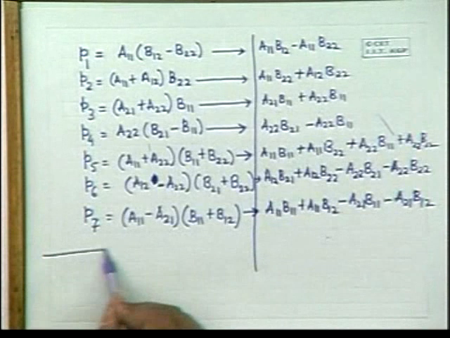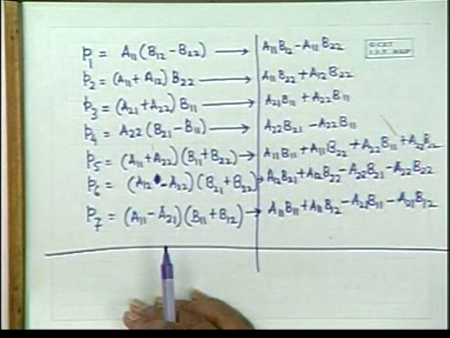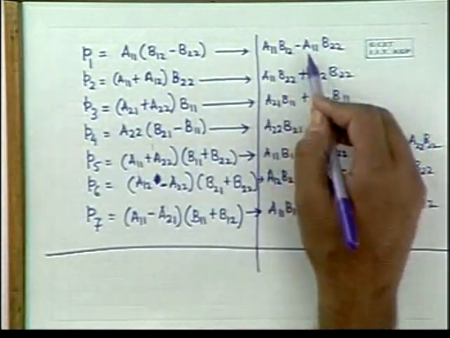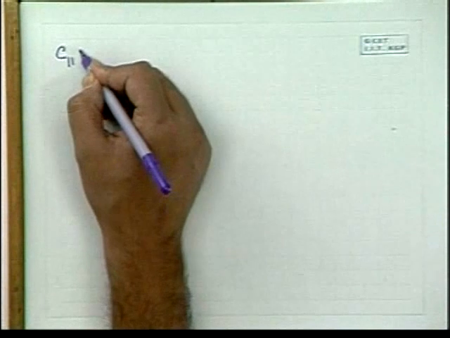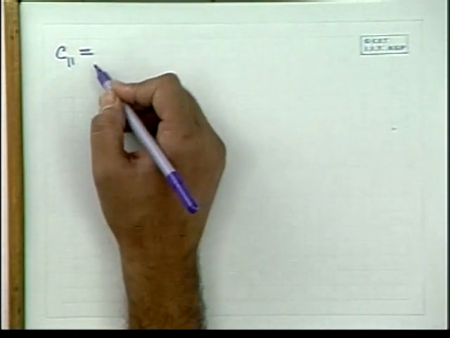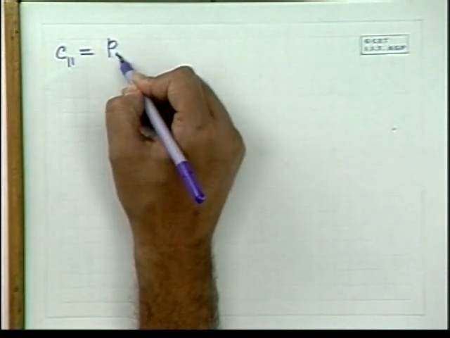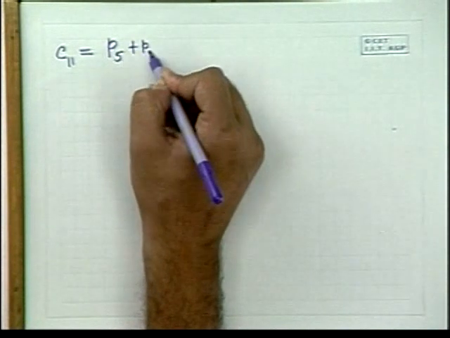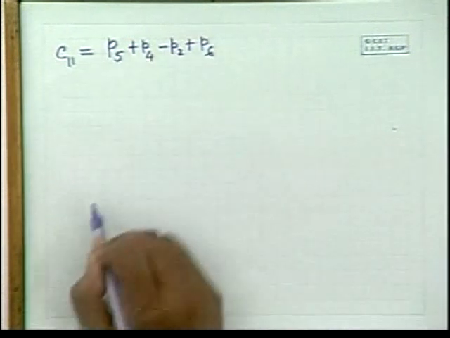After knowing this, I am going to write some other equations which you can again immediately verify from this. I am claiming that C11 can be obtained from P5 plus P4 minus P2 plus P6.